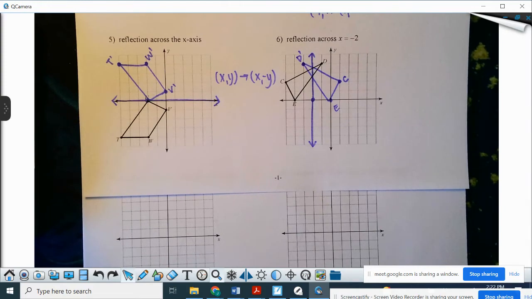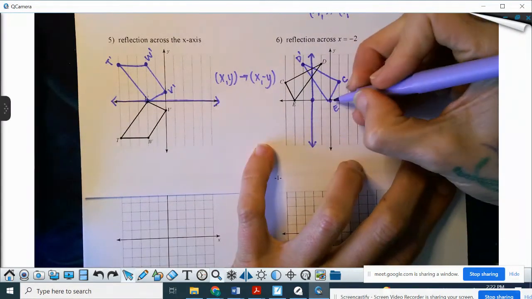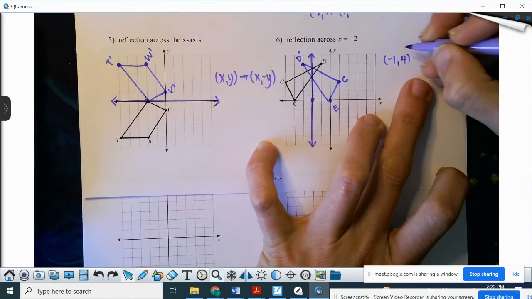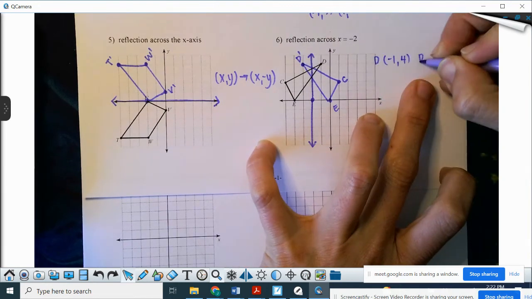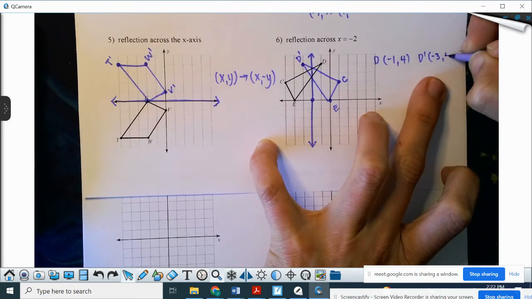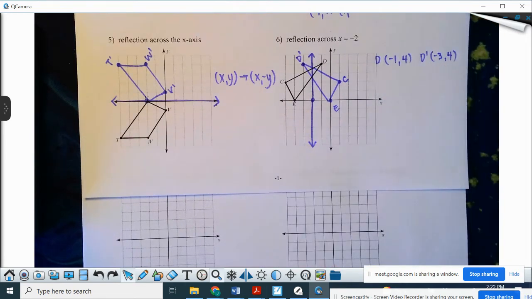As far as your coordinates, your original one was (-1, 4). And the new D is (-3, 4). So I guess the other way, algebraically, you're figuring out how far is it from that -2, and then going the other side of it if you had to do it without graphing.